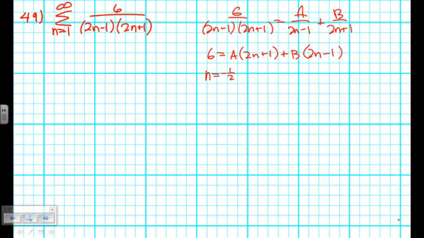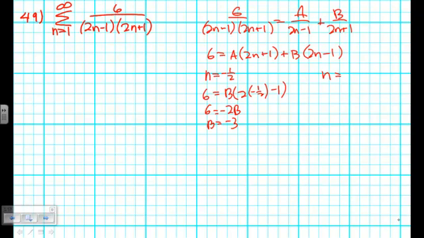If we put negative 1/2 in here, we get a 0, and we end up getting left over that 6 is equal to B times (2 times negative 1/2 minus 1). So that is negative 1 minus 1, that's negative 2. 6 is equal to negative 2B, or therefore B is equal to negative 3. So far so good?